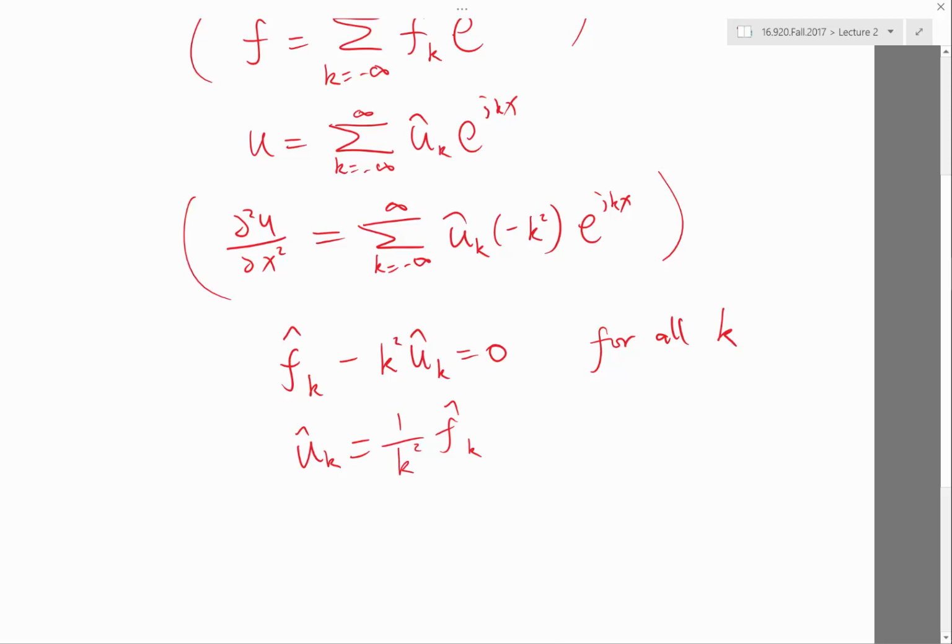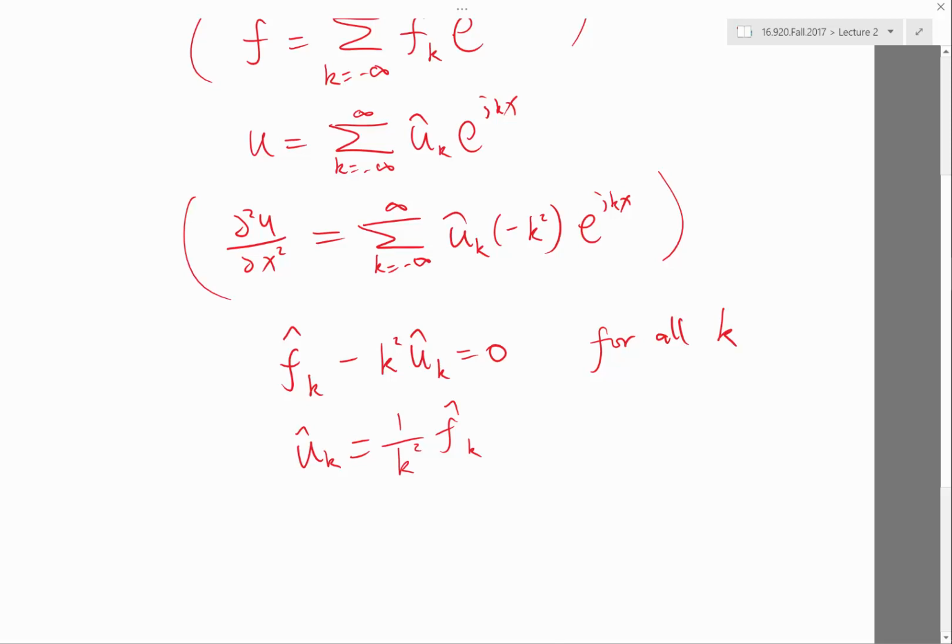Okay, so given an f, would you expect the solution u to be smoother or more oscillatory? Smoother, right? Because the larger k gets multiplied by a smaller coefficient. The only term that is going to be as large as the original f is the k equal to plus minus 1 term, right?